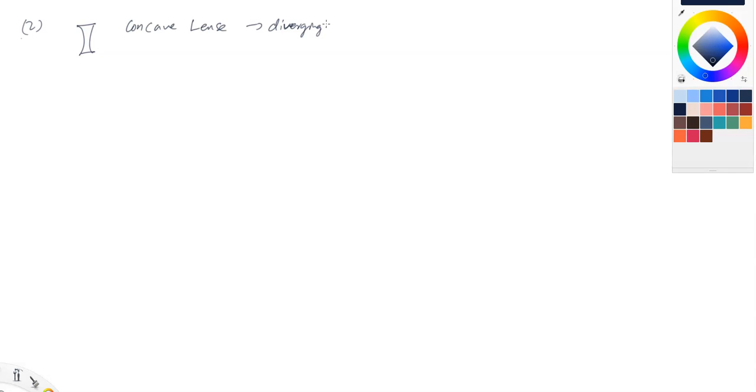Convex is the negative mirror. Means convex mirrors make only one type of image, which is virtual. Concave makes a variety of images. When it comes to lenses, it's the opposite. Convex lens makes a variety of images. Concave lens makes just one type of image.